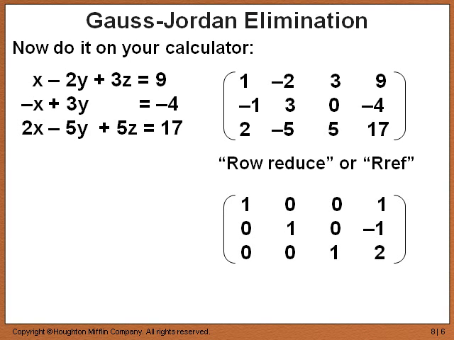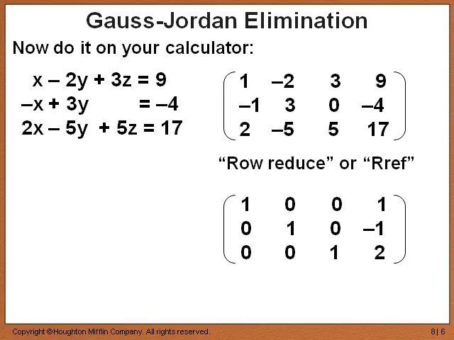And so your calculator should have given you this. This is exactly what we came up with when we did it by hand. But it's obviously much faster and more accurate on your calculator. So 1, 0, 0, 1, 0, 1, 0, -1, 0, 0, 1, 2.